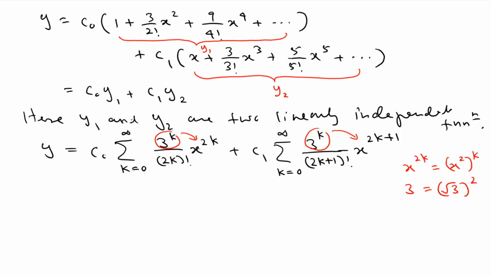That's what we need for our case, because then we can pull the 2 out. So you can rewrite this as C0 times the sum, k from 0 to infinity, of 1 over (2k)! times (square root of 3 x) to the 2k, because the square root of 3 squared lets us pull the 2 out.